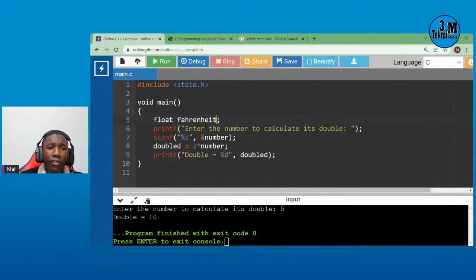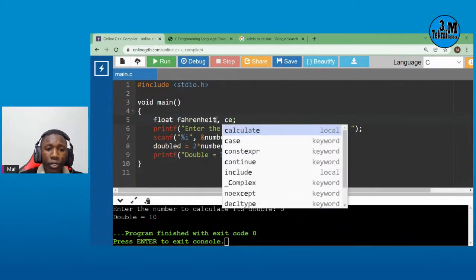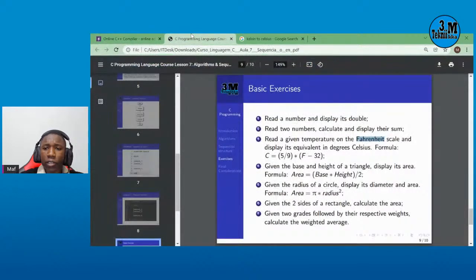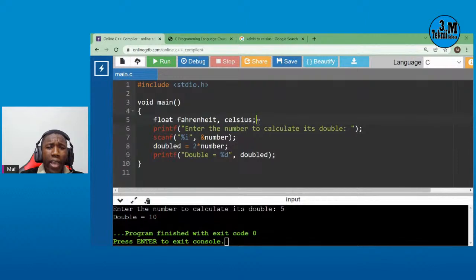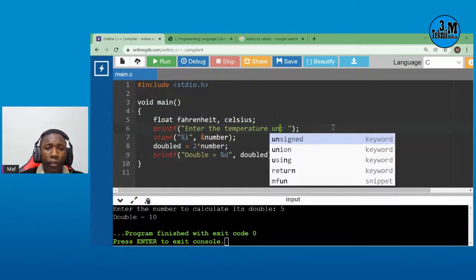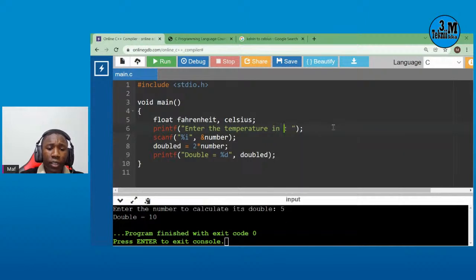Then we will have the temperature in Celsius, like this, Celsius degree, and we can have "enter the temperature in Fahrenheit", okay?